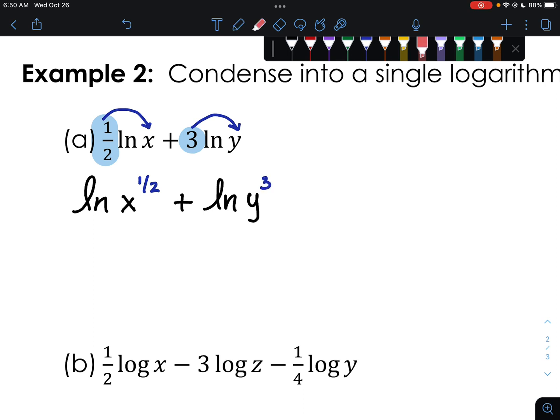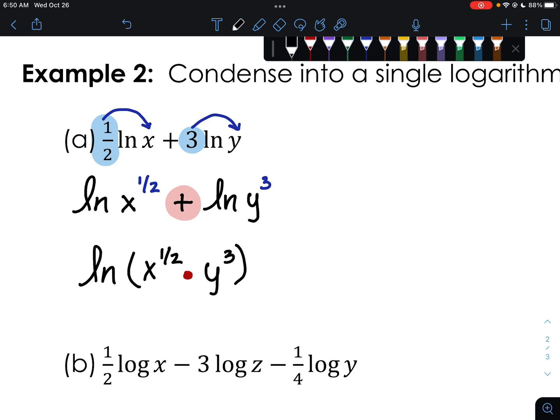Then I see that I have a plus sign in the middle, which means when I put the two logs together, they will be multiplied. So that will give me x to the 1/2 power times y to the 3rd power.